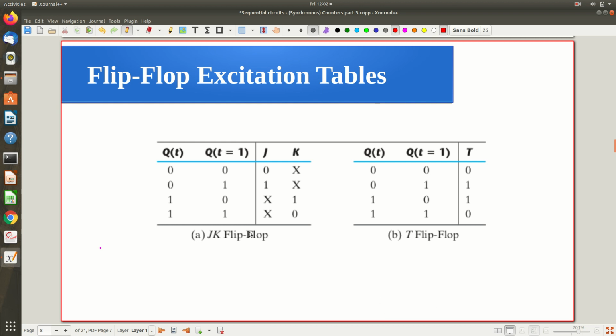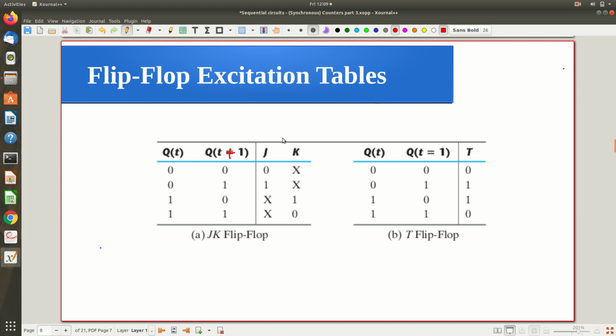This I also discussed in the offline class. Anyway, revising it again. This is the current value, so it's like Q of t, and after one clock cycle what is the output? Either you represent it like this, or a better way is Q of t plus 1.